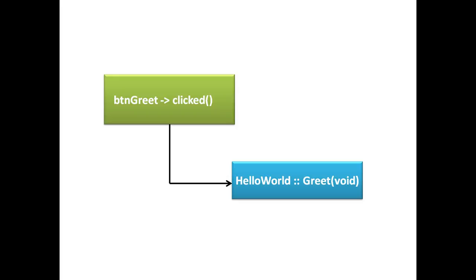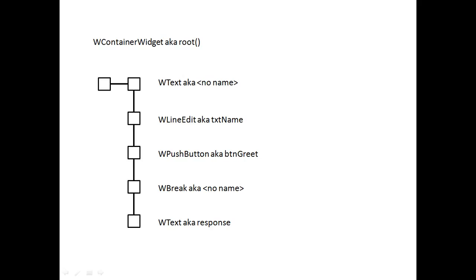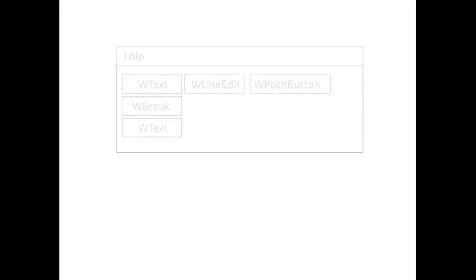We need to add a slot to it, and it is called Hello World, and we have a slot called greet that is part of the Hello World class. So you can also think of that as a hierarchy, and you can add more than one of these. Going back to our example, that's basically a complete example of the Hello World program using the Witty library. Now let's look at it from a different point of view.